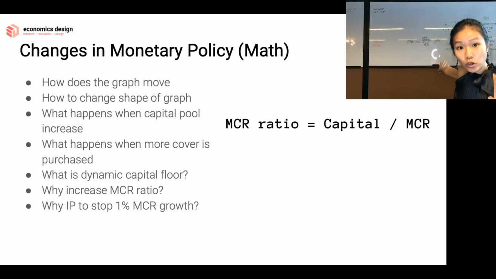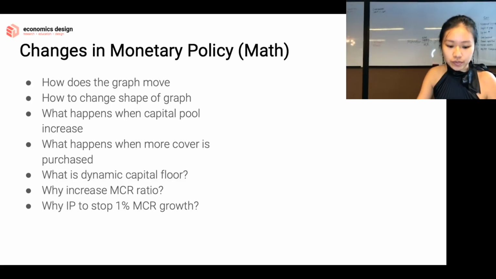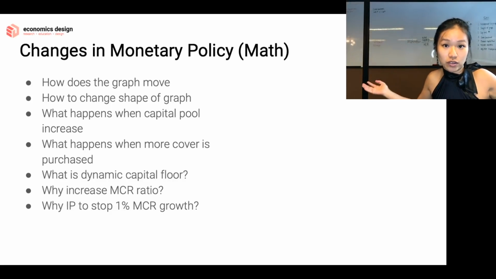And this is important because the MCR is the minimum capital required, and the ratio shows the total capital divided by the MCR. So it's a lot more than the MCR, which is the minimum capital needed to cover these insurance covers. You want your capital to be above that, so just in case a lot of bad things go wrong, you have enough capital to cover that.